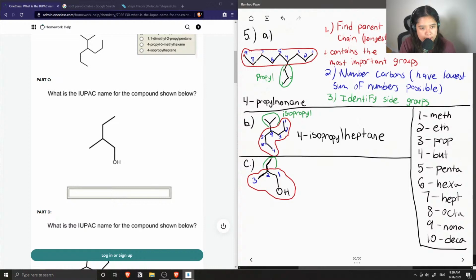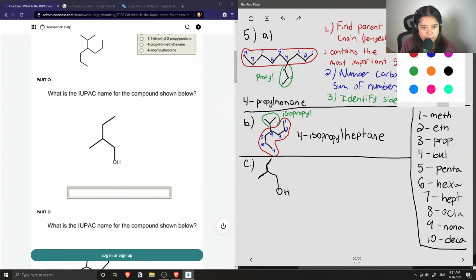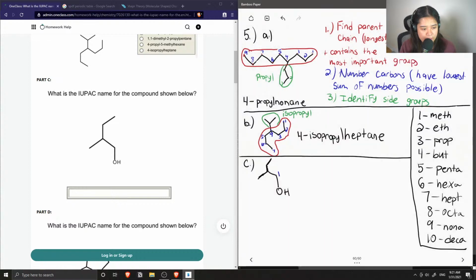Oh, I just noticed that, wait, 1, 2, 3, 4. Oh, never mind. So, the longest parent chain actually is the one that goes up. I must have miscounted. So then we would change our numbers to 1, 2, 3, 4.